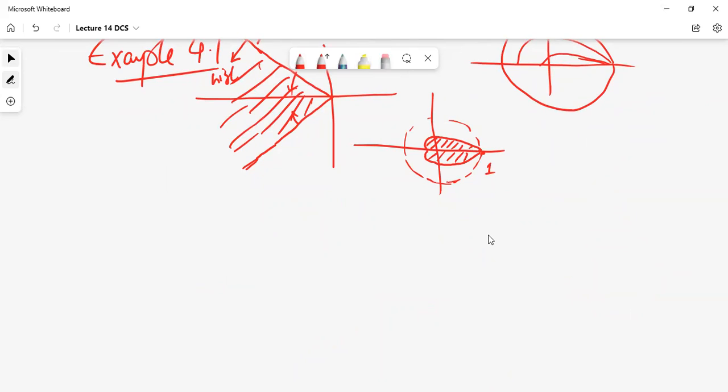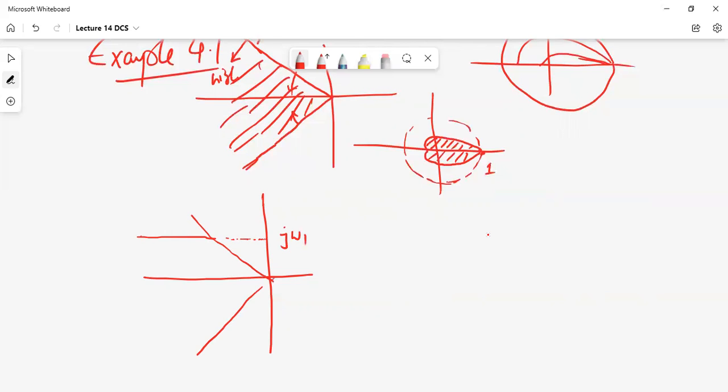The last one is an extension of your example 4.1. They have given constant zeta lines, two zeta lines, as well as they're guided by the omega lines. So this is j omega 1 and identical, the other way around as well, minus j omega 1.